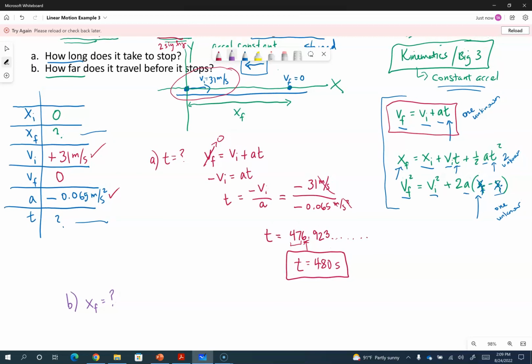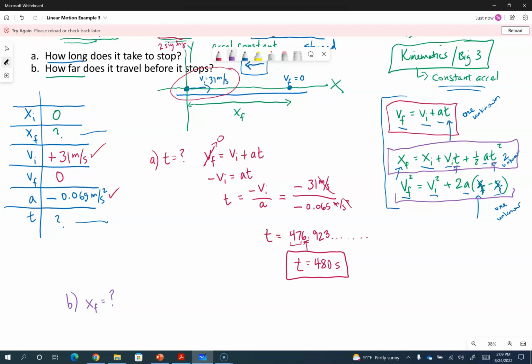Now that we know time, we can totally use this second equation because we know time and our only unknown would be X final. The other option would be to use the third equation and not use time. One's not better than the other.